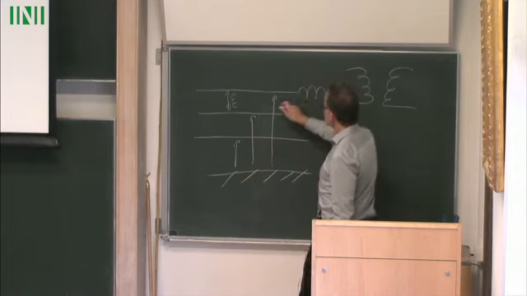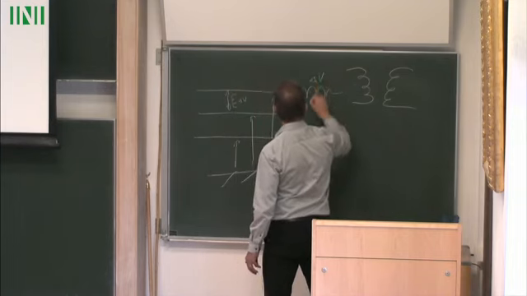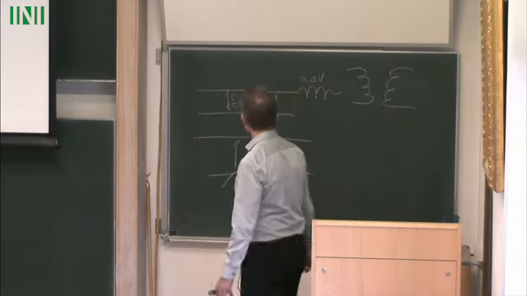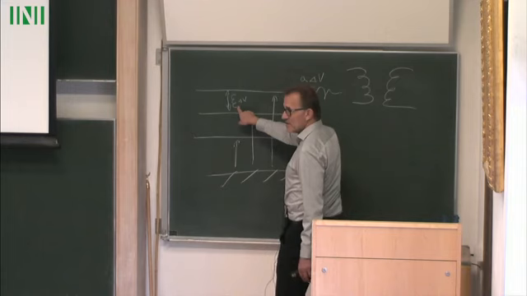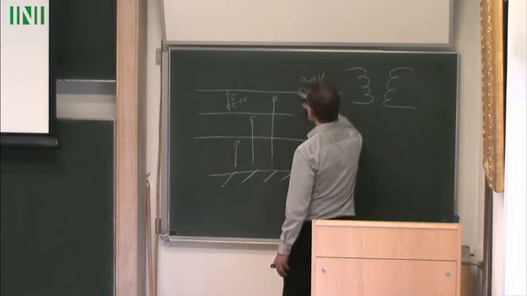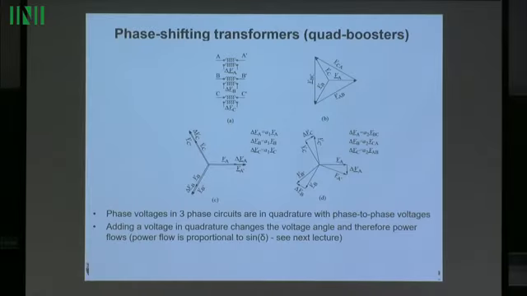You add that voltage, multiplied by the transformation ratio, to the normal line voltage. This connection is physically in series, but because that angle is 90 degrees, you have a component which changes the voltage angle. By changing angles, you change power flows, as I will show you a few slides later.